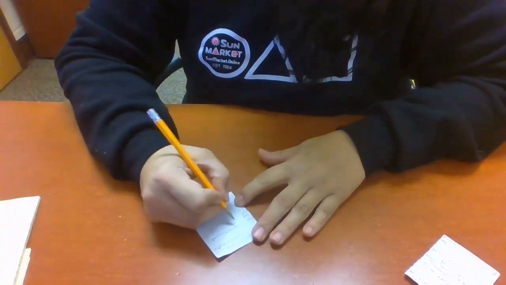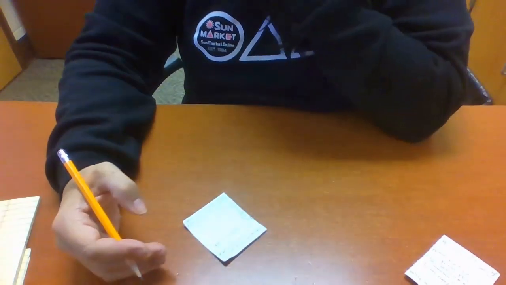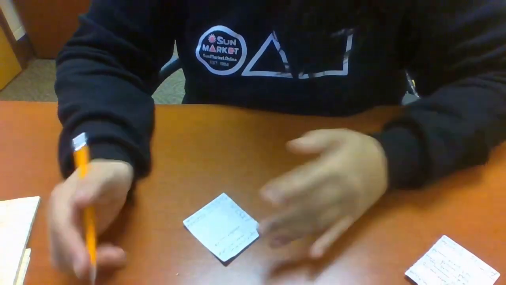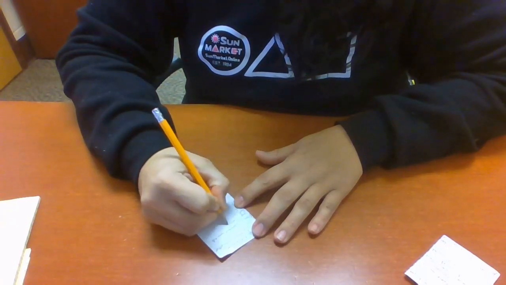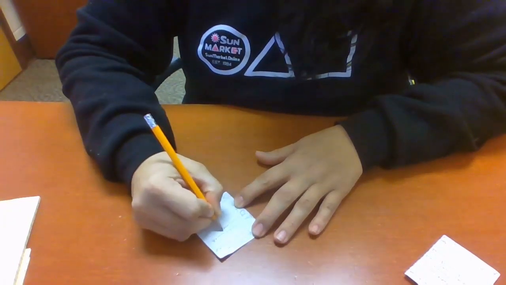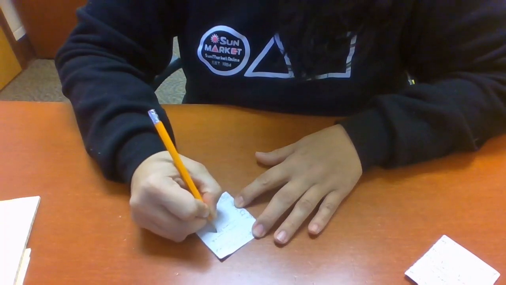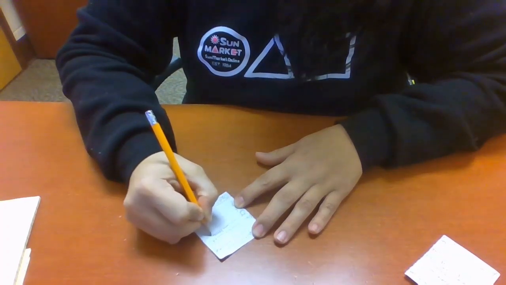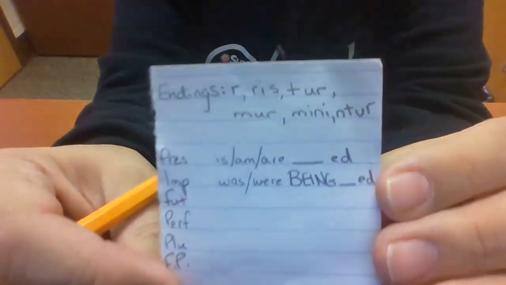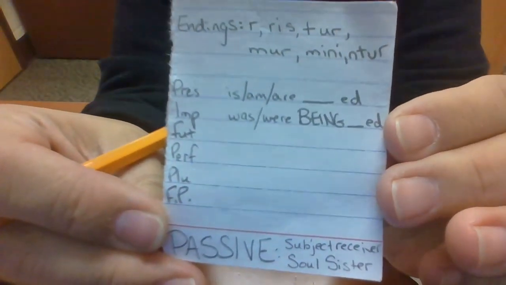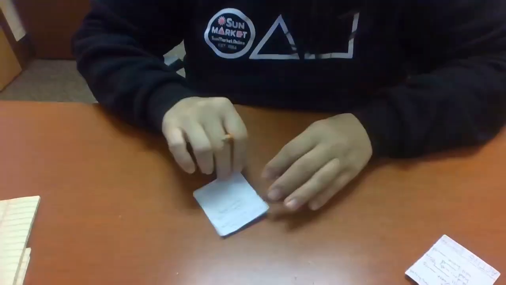For the imperfect, we're adding some form of the verb to be to each of these translations. So for the imperfect, it's was, were, being, that's the added word, blanked. Okay? Was or were, being blanked.